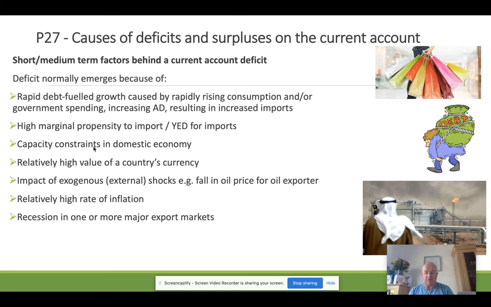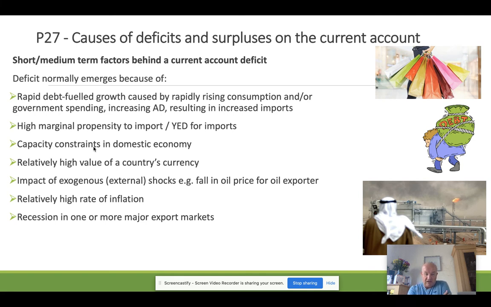Normally speaking, they are going to be for a number of reasons as described here. One thing that could cause a current account deficit is rapid debt fuelled growth caused by rapidly rising consumption and/or government spending, increasing aggregate demand and then increasing the level of imports.